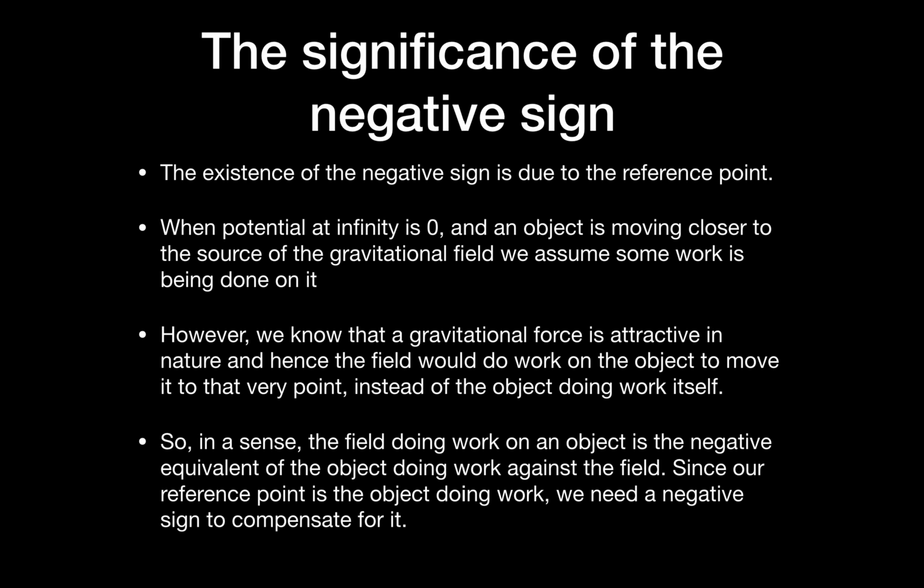Let's say it's positive 5 joules. So the field did positive 5 joules of work, bringing the object closer. So an external force did negative 5 joules of work, bringing the object closer to the source. That is how we tackle this problem. Since our reference point is the object doing work, we need a negative sign to compensate for it.